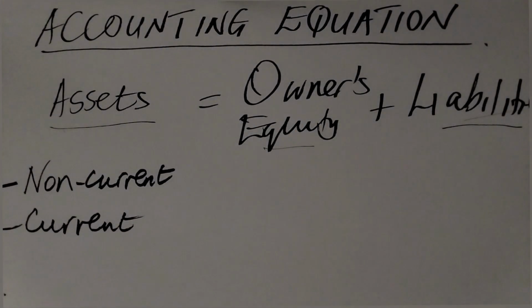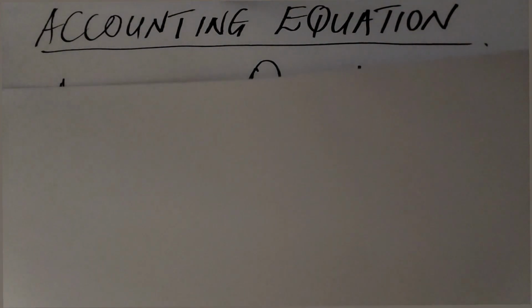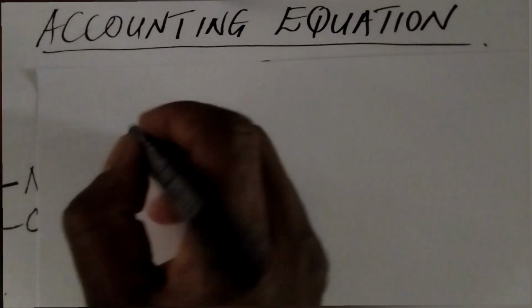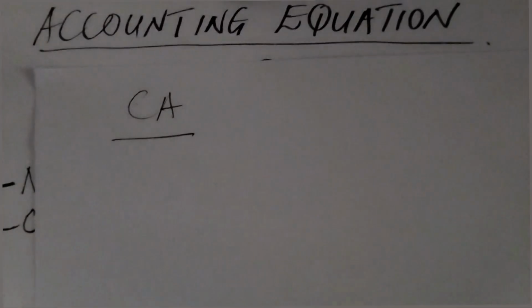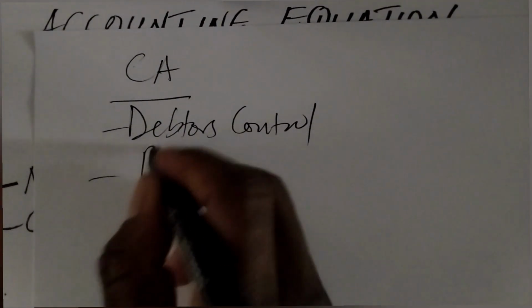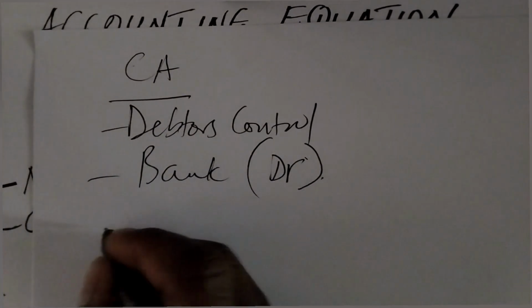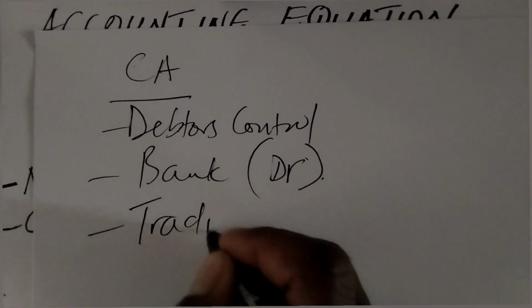Now, the second class of assets is called current assets. Under your current assets, you've got your debtors control. You've got your bank, if the bank is a debit. You've got trading stock, or trading inventory.